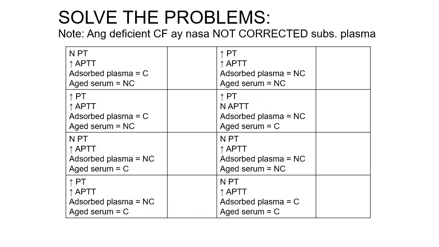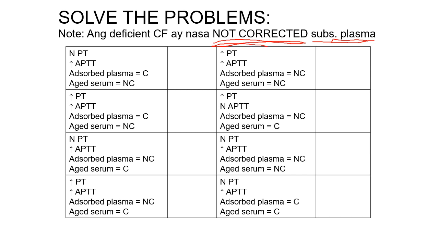Okay, try natin isolve bawat possibilities, no? So, lahat yung pwedeng matanong, isa sa mga to, no, sa substitution testing. So, tandaan lang natin, ang deficient clotting factor ay nandoon sa not corrected na substituted plasma. Okay? Not corrected. Dapat yun yung focus natin.